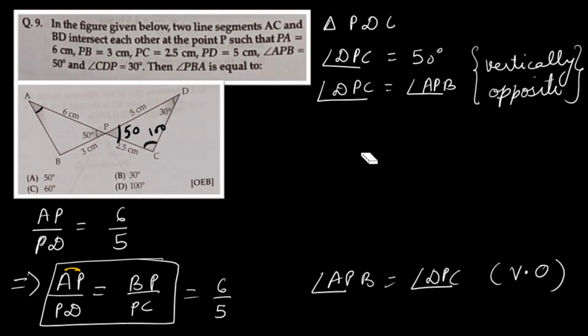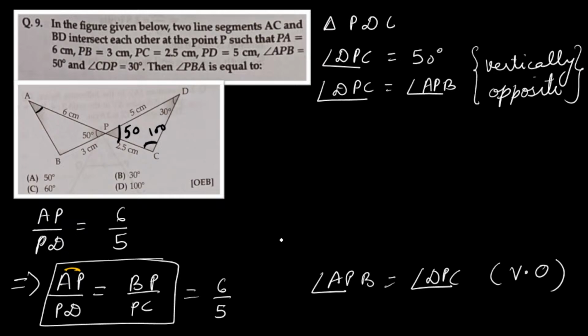Okay, this is coming in the same triangle, right? It should be AP, B. Here we have to see this.